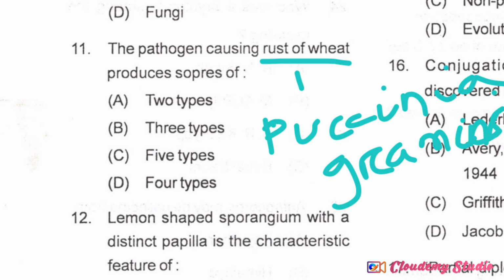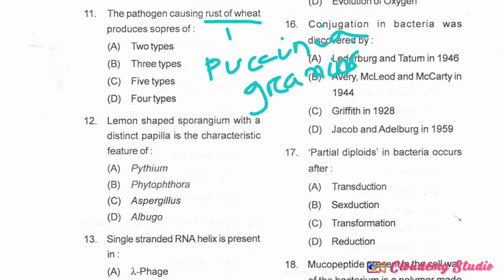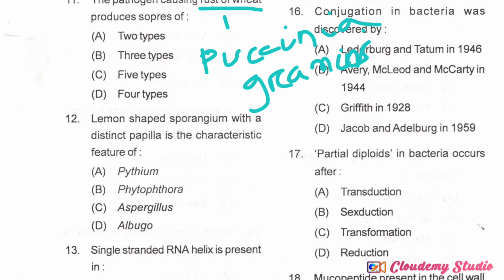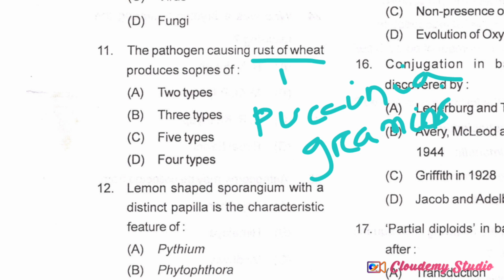It is a Basidiomycete and also known as a macrocyclic fungus. A macrocyclic fungus produces more than 2 spores. Puccinia graminis produces 5 types of spores. So the answer is option number C.